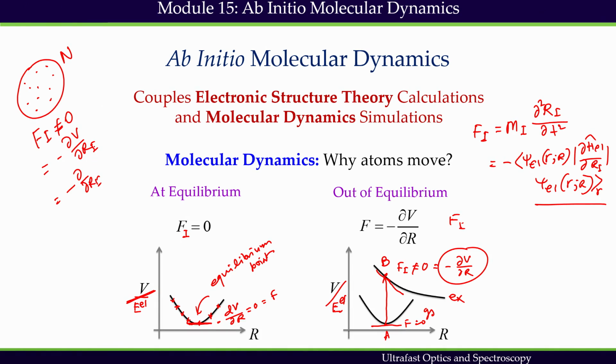because I need, from electronic structure theory, the electronic wave function. So, basically from the Hellmann-Feynman theorem, we get that this electronic wave function, psi electronic, we obtain from electronic structure theory calculation.